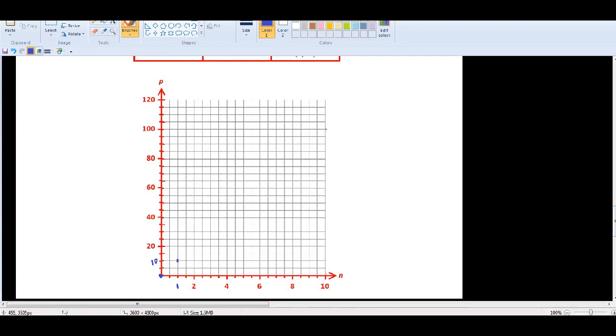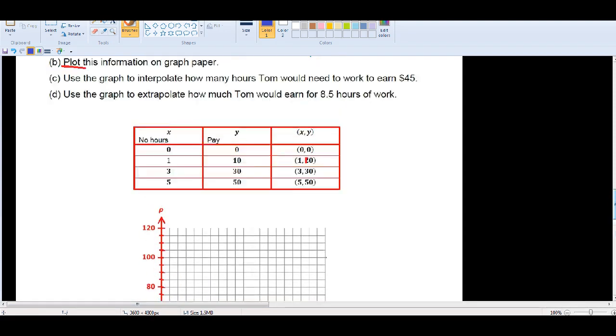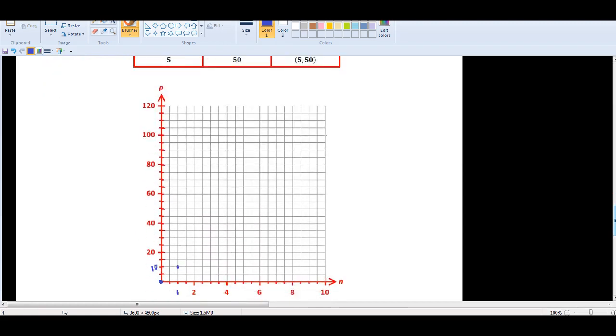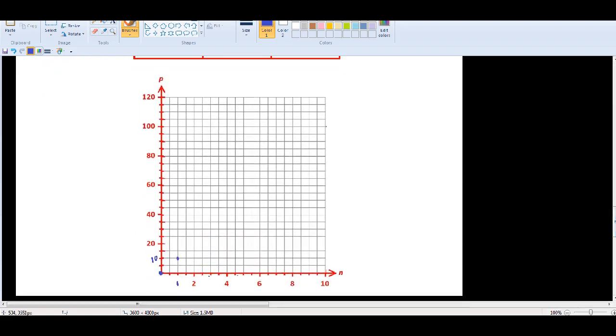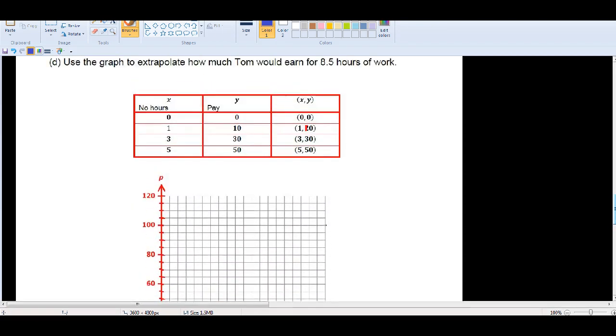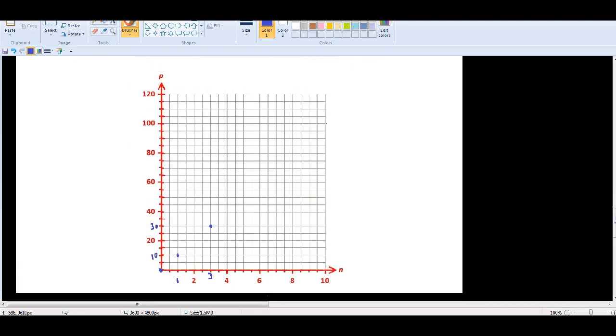Okay, so here's another point. And also we have 3, 30. Right, 3 for here, 30 is for here. Okay, and the last one, 5 and 50, right? So 5 and 50.